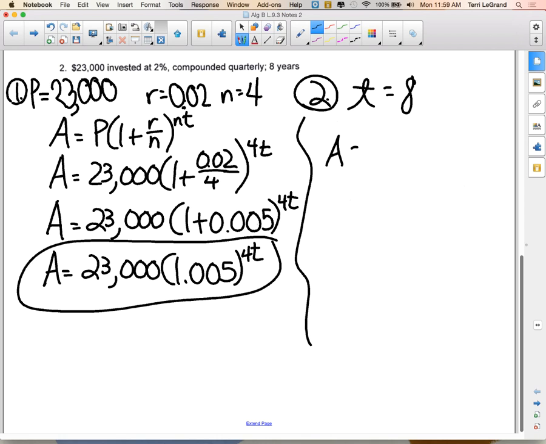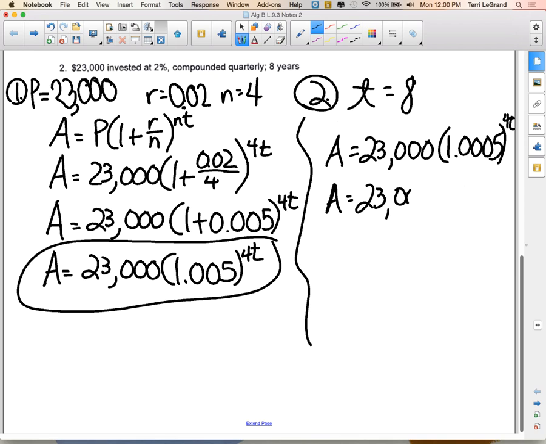Now we take our model and we use it to get answer number 2. Now, there's going to be 2 steps of work here. I got an extra 0 there? Yep.